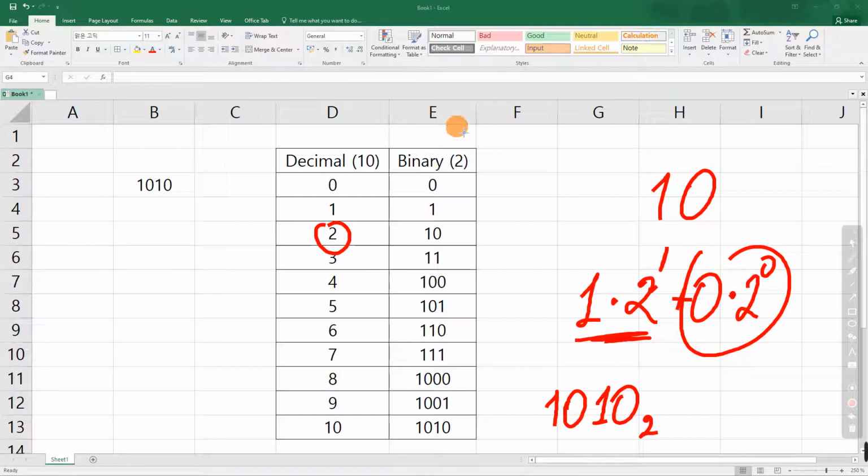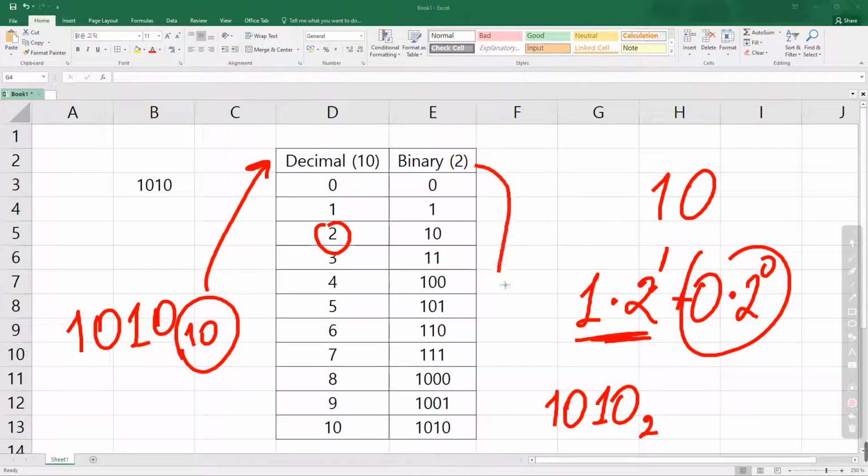But if you write it in this way, with the number system as 10, then I can read it as 1010 in decimal, because this is the decimal system and this is the binary system. So please don't forget this, dear students.